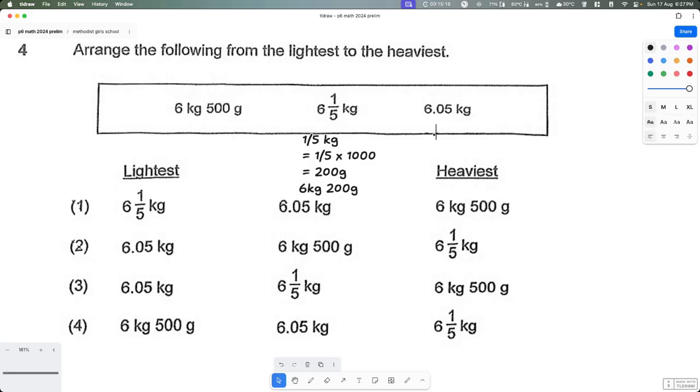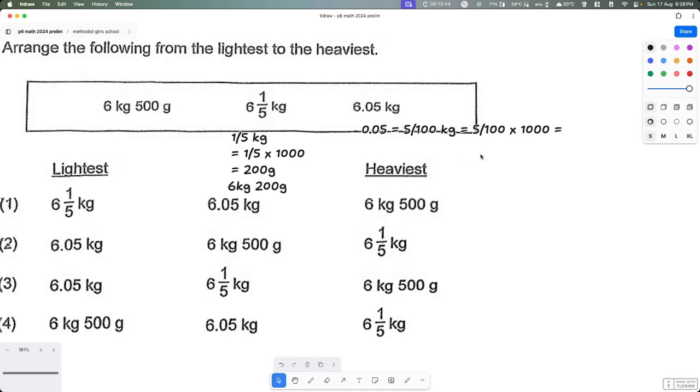What about 6.05? So 0.05 is equal to 5 out of 100 kg. That means 5 out of 100 times 1,000.